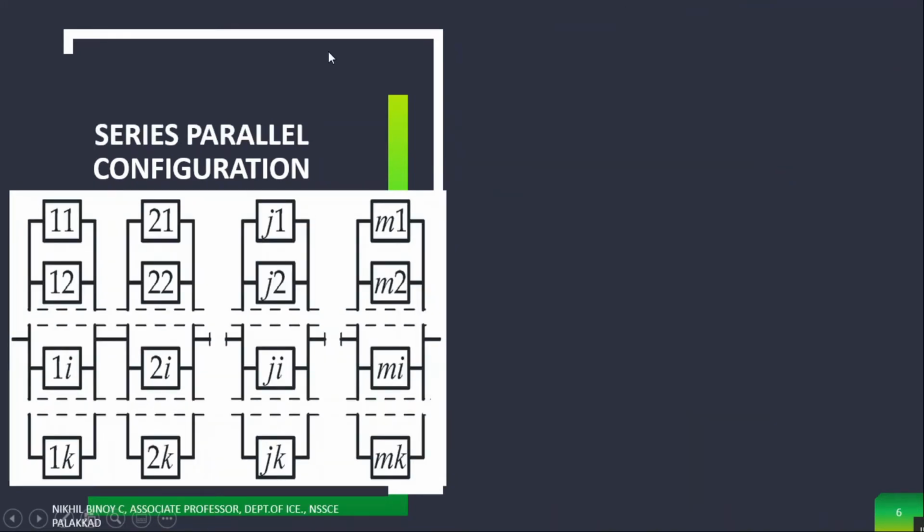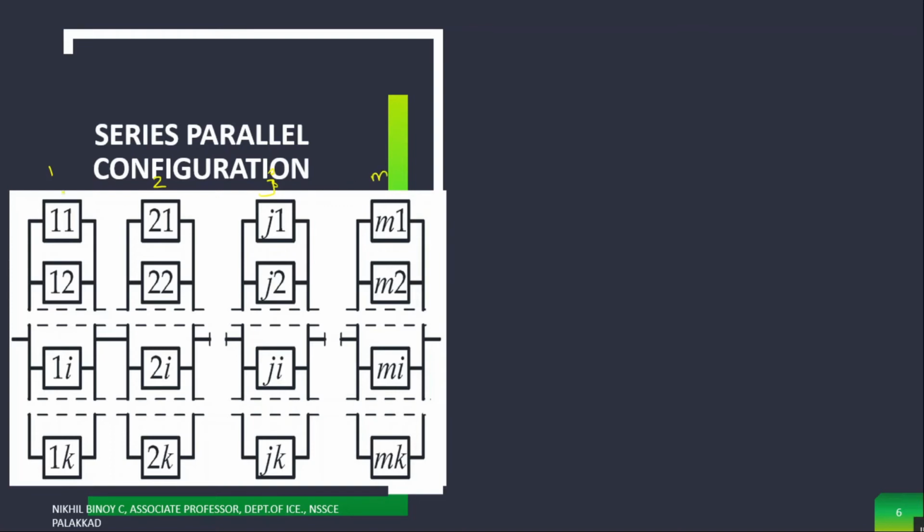First one is the series parallel configuration. I think you already noted this diagram in the last class. So this one is a series parallel configuration. Here you can see that this one is m to 1.